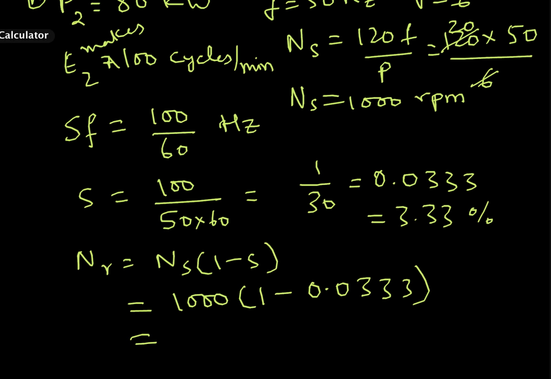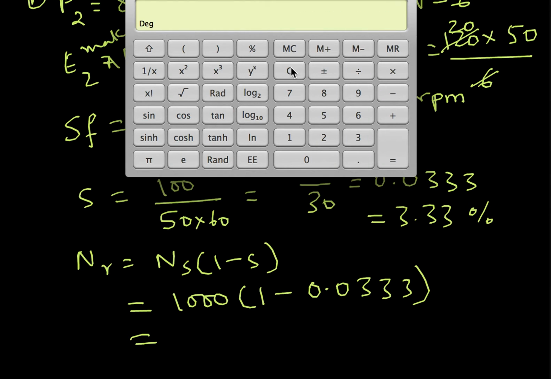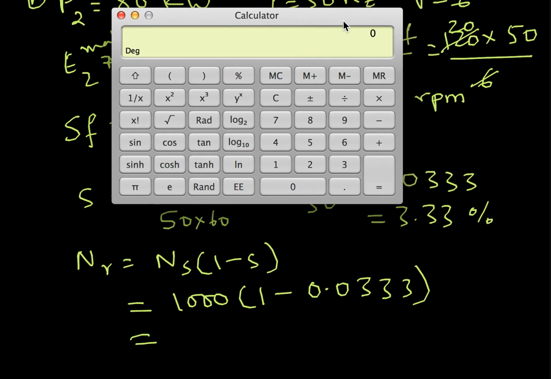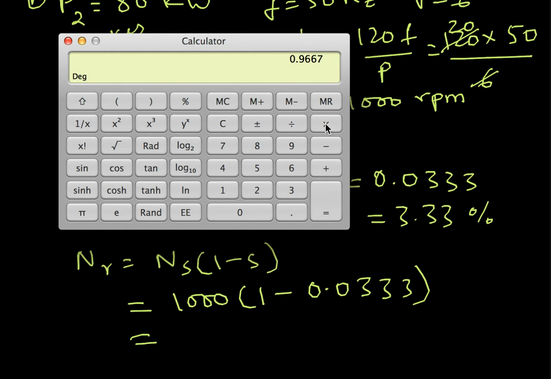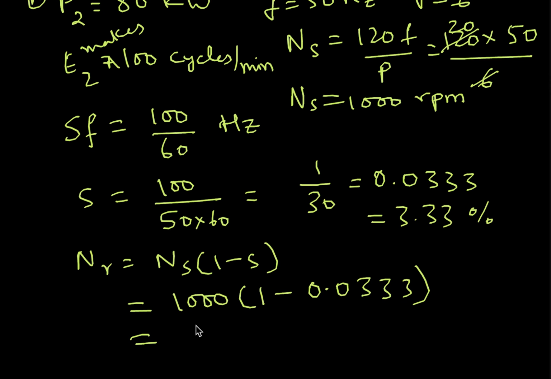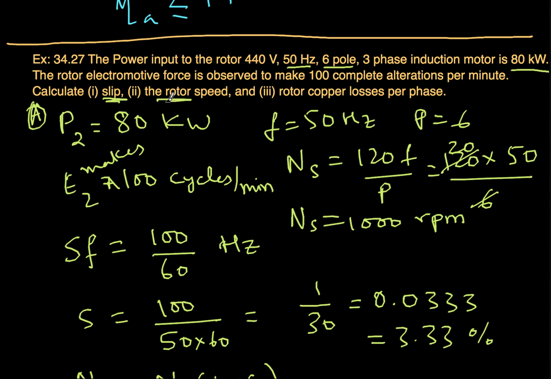Let's use a calculator. One minus 0.0333, into 1000. So 967 RPM. I'll just round it off to 967 revolutions per minute. So this is the answer to the second part of the question.